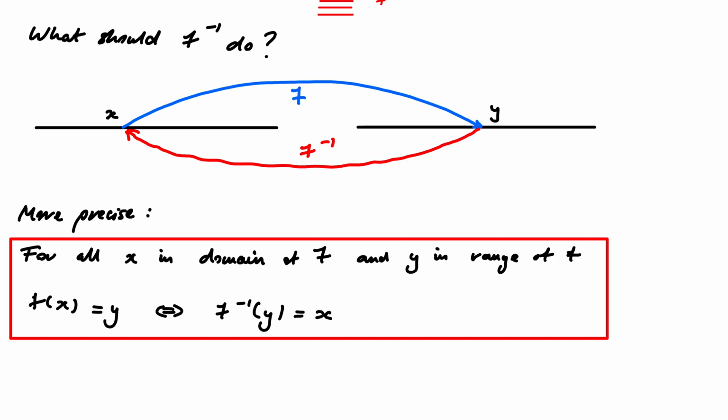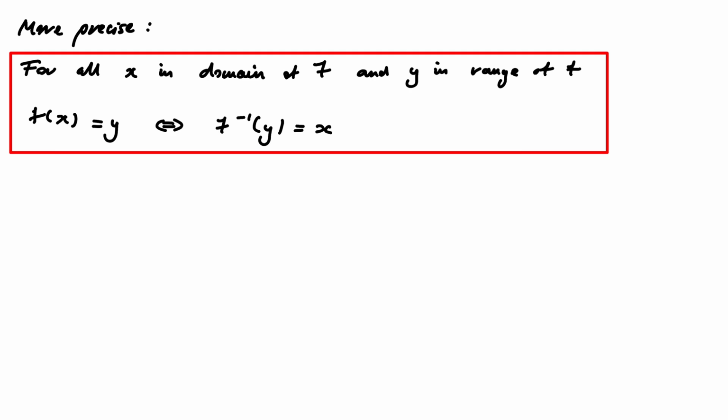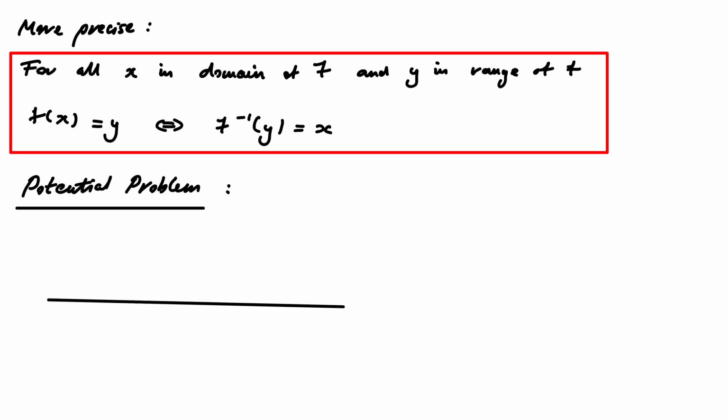So there's an obvious problem with this in general, and let me show it to you. A potential problem or obstacle. Well, imagine I have the following. So let's do a specific example, one we've already seen.